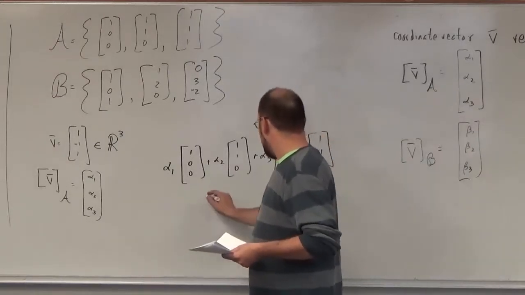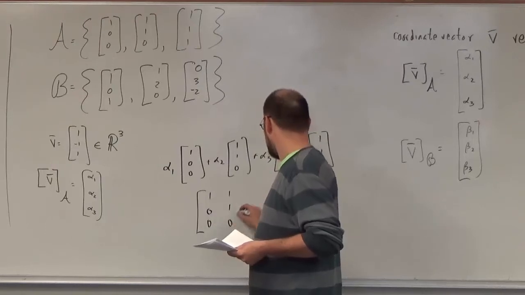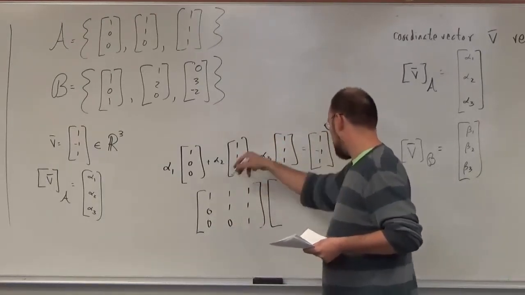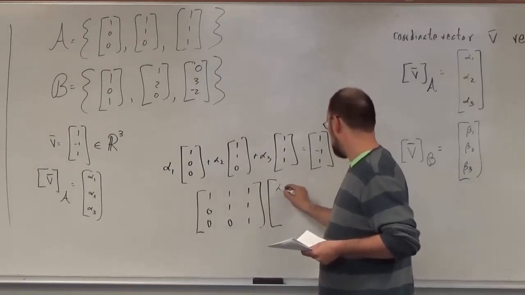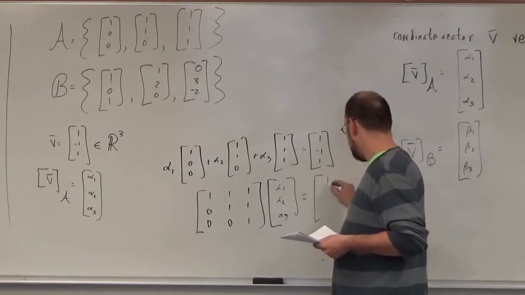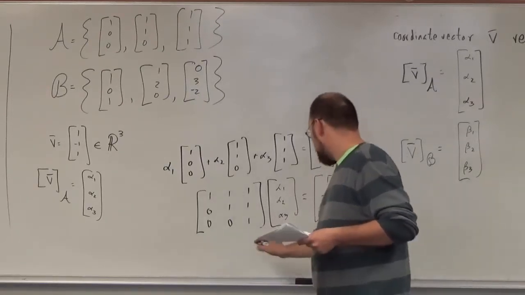Well, of course, we get a matrix equation out of this. The vectors become columns in our matrix. Alpha 1, alpha 2, alpha 3. And here's the right-hand side. Okay, notice what we're getting, right?